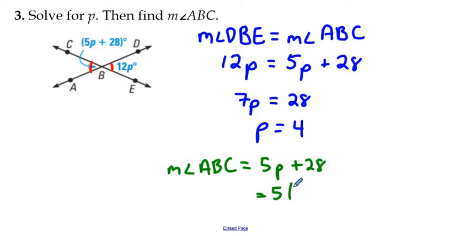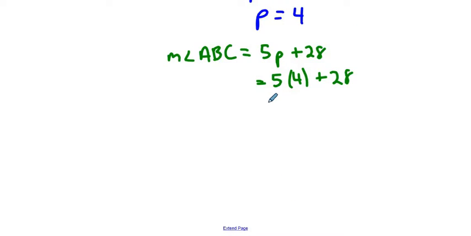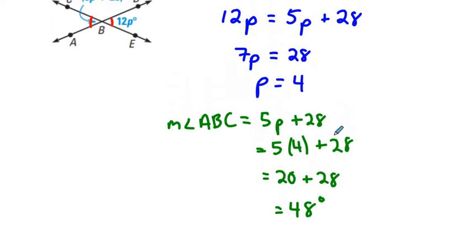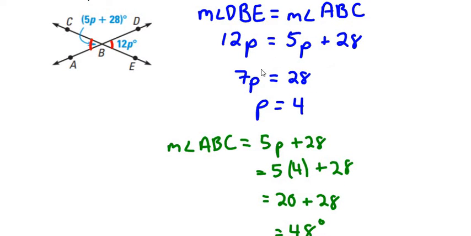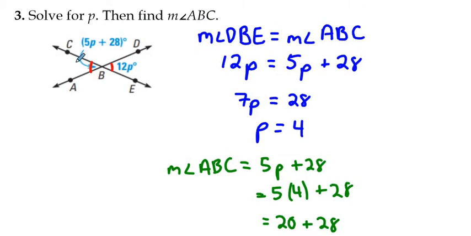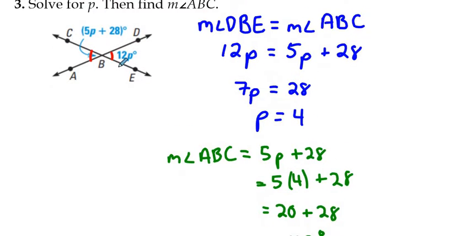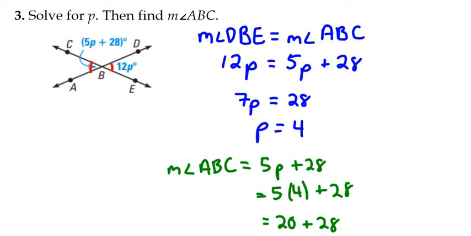P is 4, so we'll substitute 4 in for P. Right. 5 times 4 is 20, plus 28 is 48 degrees. So the key to this problem is the fact that vertical angles are congruent, so you set them equal to each other, and then you can figure out the rest of the problem.